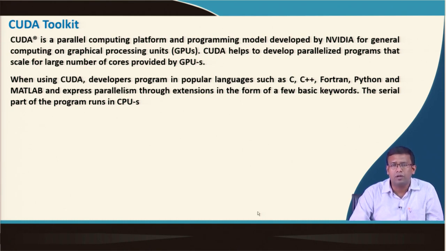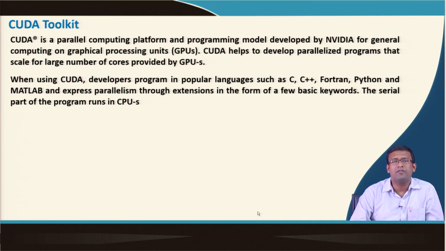However, CUDA itself is designed in such a way that through its own system level support and hardware software based scheduling, it can take care of the overhead, and the overhead is really not that high, and you can get a very high speedup. So, CUDA provides that scalable parallelization over the large number of cores present in a GPU.